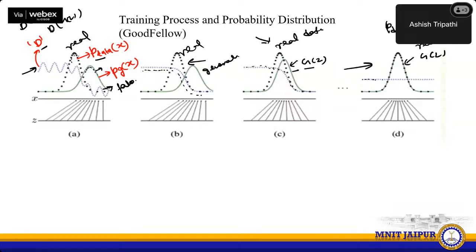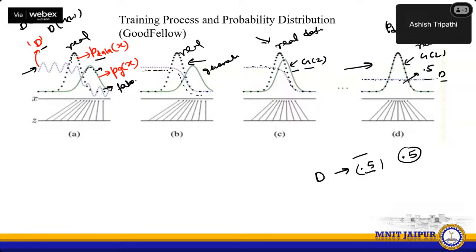So the function for the discriminator is something like this, and its value is almost equal to 0.5. In the initial slides, what I told you, that when D becomes equal to 0.5, that means the output layer of the discriminator will produce a probability value of 0.5. Then in that case, the discriminator is not able to differentiate between generated images and the real images.